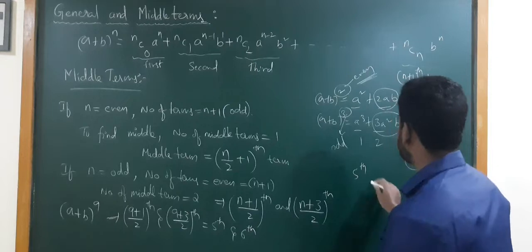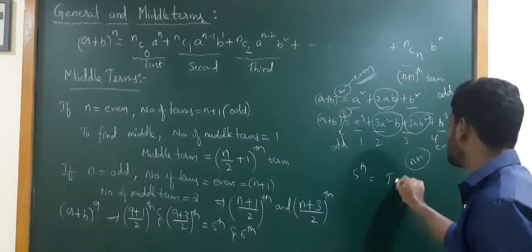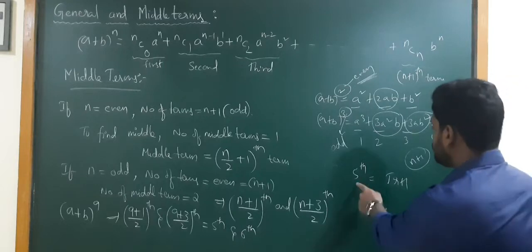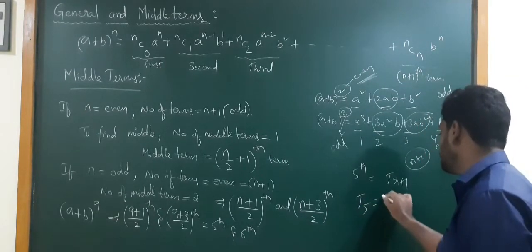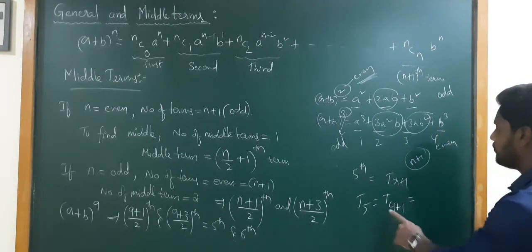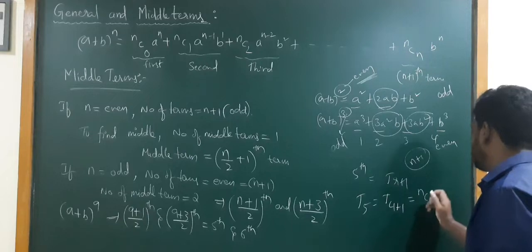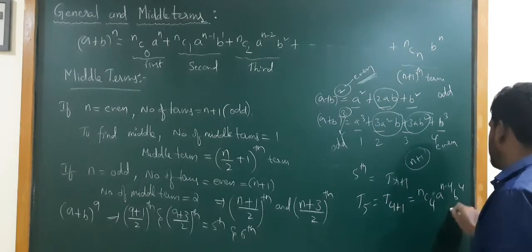To find the 5th term, which formula do we need? We need to use the general term. What is the general term? T(r+1). So to find the 5th term, T5, we will write it as T(4+1), then the r value will be 4. So the formula is nC4 a to the power of n minus 4 into b to the power of 4.